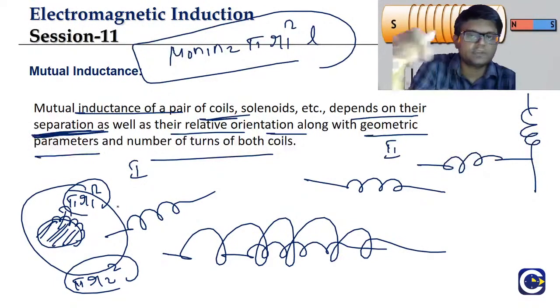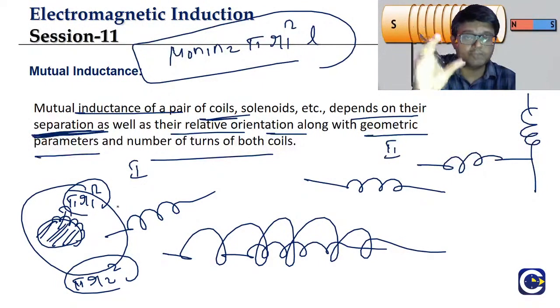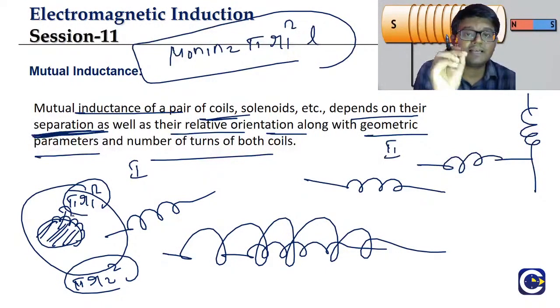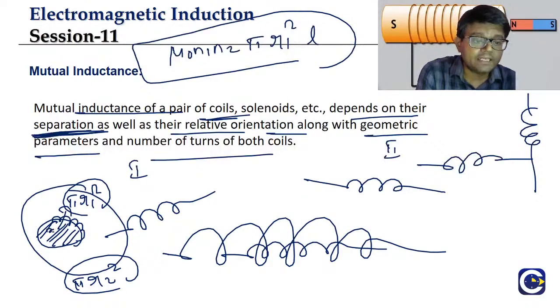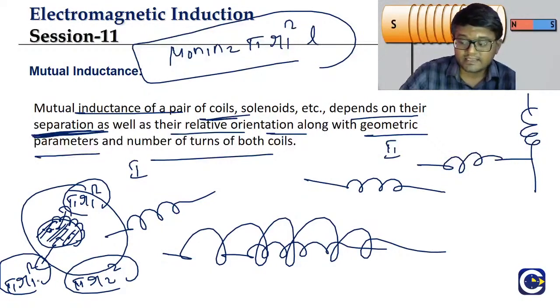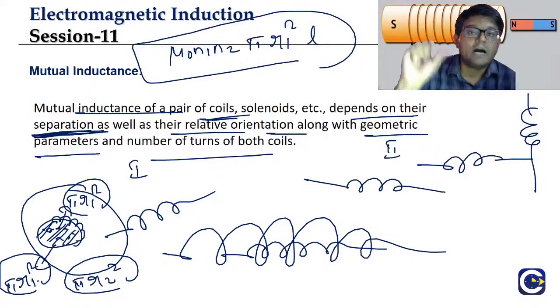The area of cross section of the outer coil is pi R2 square. But when you pass current into coil 1, the magnetic field is created only for an area of pi into R1 square.